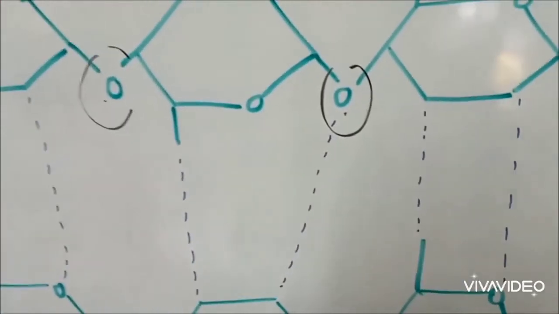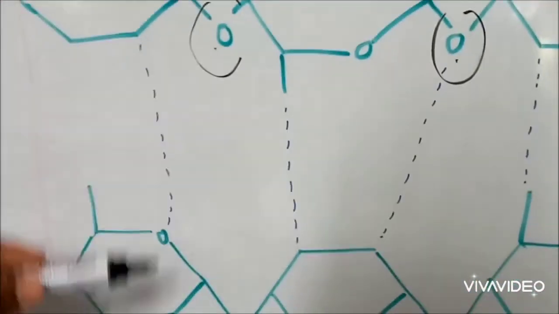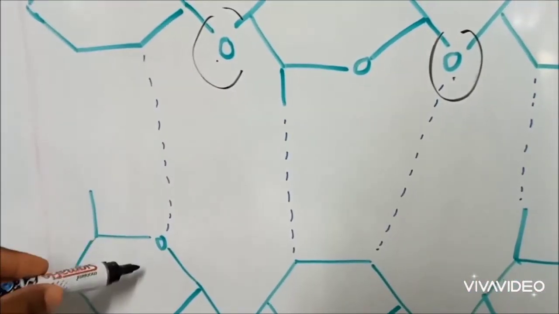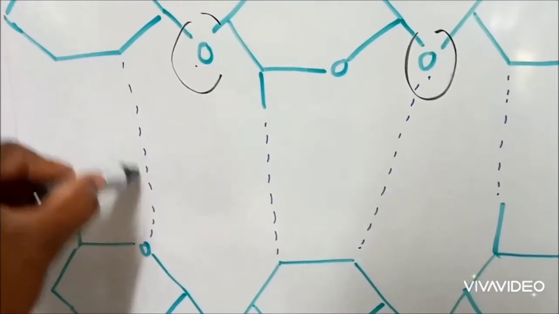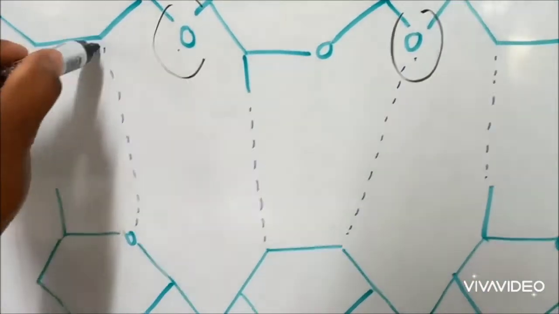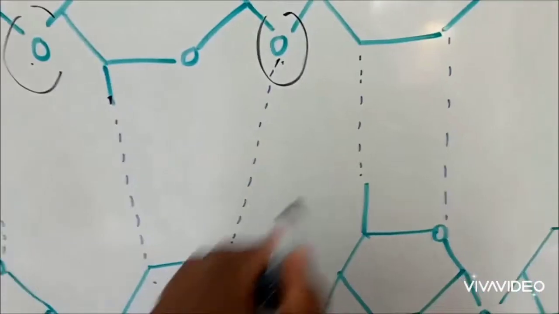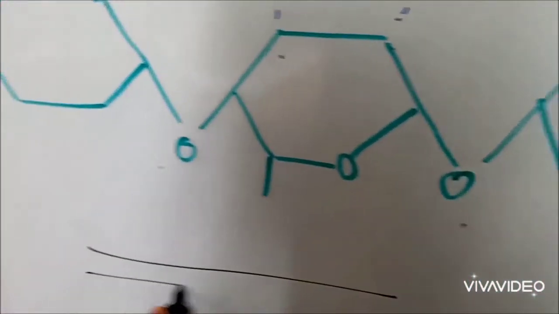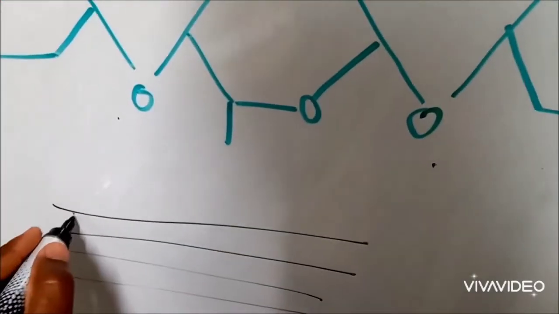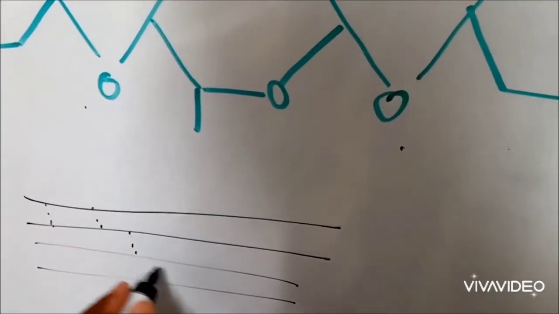But what happens is, because these two molecules are so close to each other, they actually have hydrogen bonds being formed between each of the molecules. So you have cross linkages. So it's like you have two things like this, make it 3 or 4. Good. And then you have linkages between them.